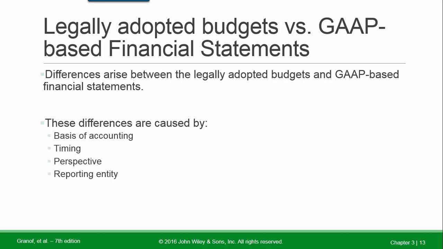We have the legally adopted budget adopted by the governing body before the accounting period begins, and that can be modified accrual or cash basis. Now, during the accounting period for the governmental funds, we are required to use modified accrual accounting, current financial resources. So there are differences that arise between the legally adopted budgets and the GAAP-based financial statements. These are caused by the basis of accounting, the timing, the perspective, or the reporting entity.